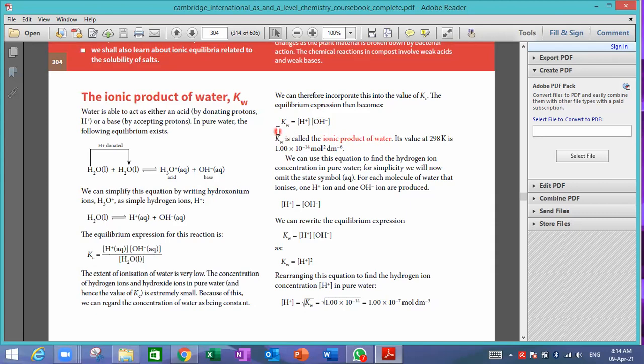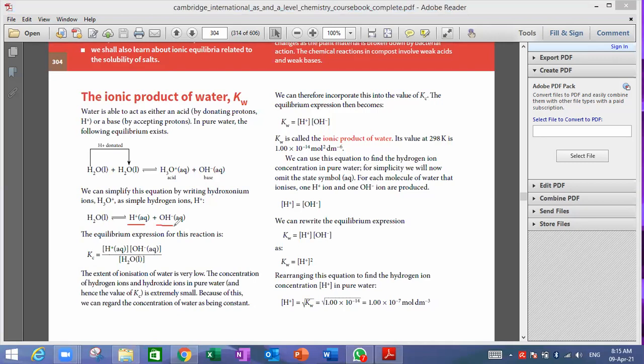Now, Kw was found to be 1 times 10 to the power minus 14 moles squared per decimeter to the power minus 6, at a temperature of 25 degrees Celsius, which is 298 Kelvin. So this is the value of the Kw. Now, if we look at the hydrogen ion concentration and the OH ion concentration, they are equal.